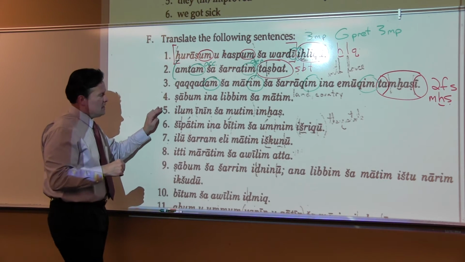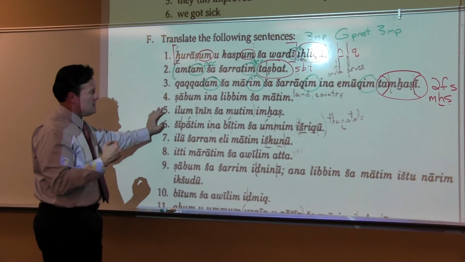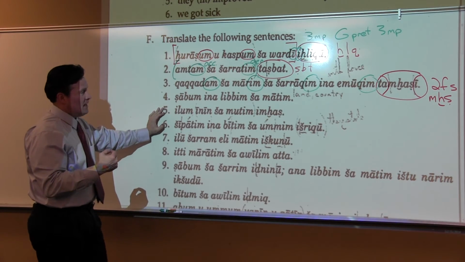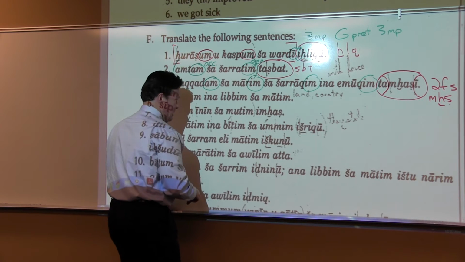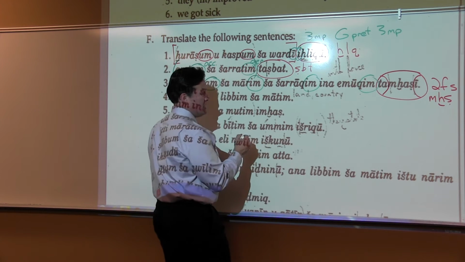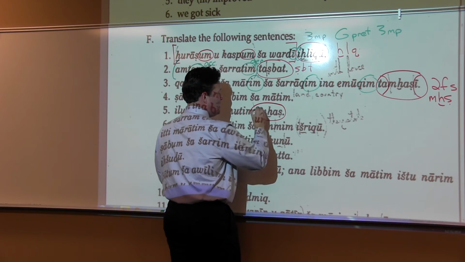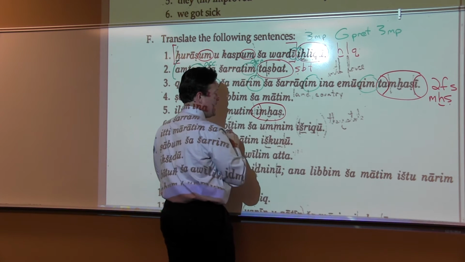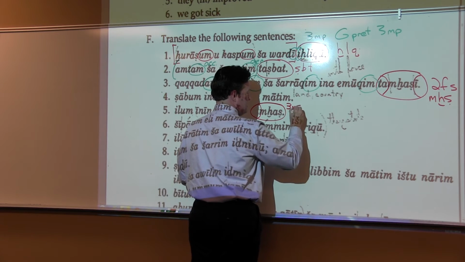Number 5. Ilum einin sha mutim imhas. There we have that root machatz again. This verb, machatz, means to strike. But here we just have an i prefix. So it is third masculine singular.